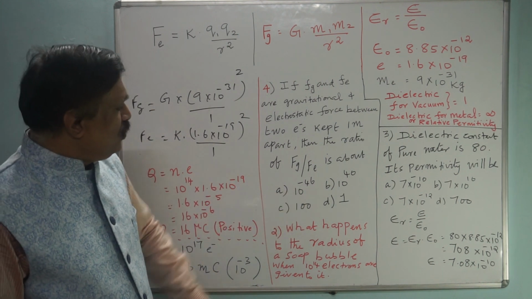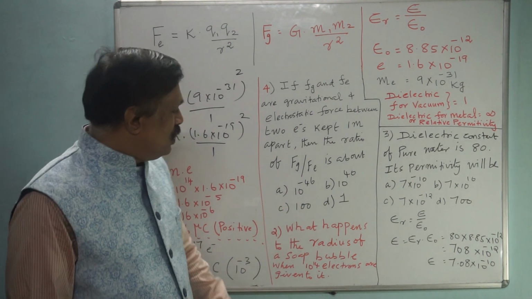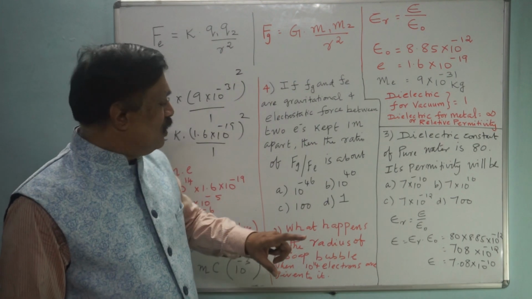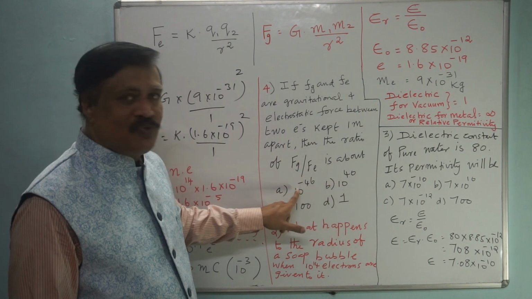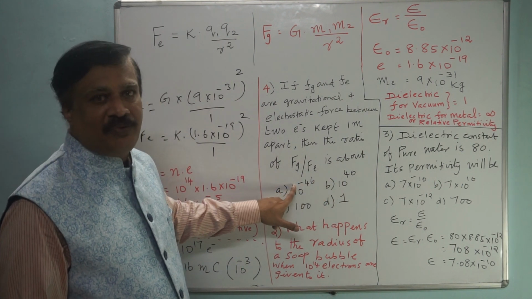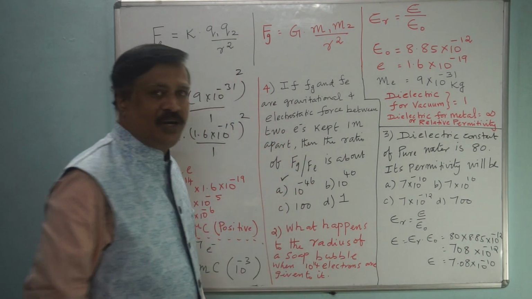Here what you have to do is, by elimination process you have to find out the answer. Definitely 1 is not there, because both the values are not equal, and 100 is also not there. You have to think about these two values only. One is positive, one is negative, therefore definitely it is not positive, it is negative only.